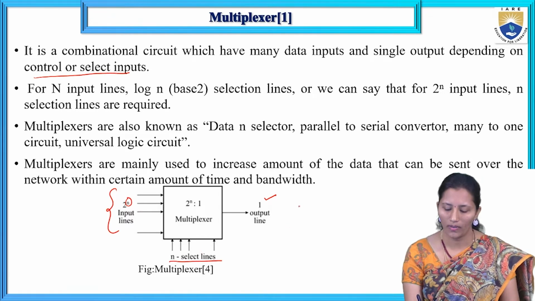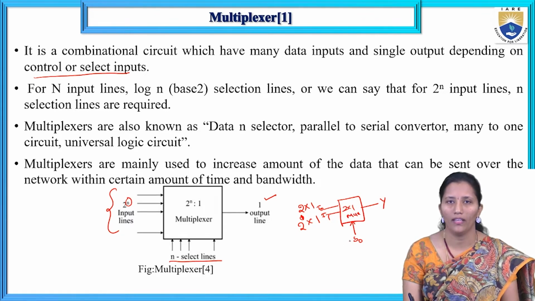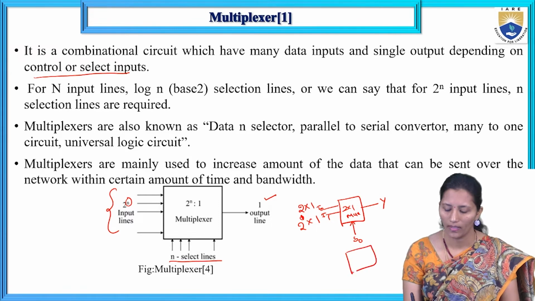Suppose we have a 2 by 1 mux, meaning 2 power 1 into 1. This 2 by 1 multiplexer has 2 inputs, I0 and I1, and n here is 1. So 1 selection line, that may be S0, and 1 output, Y. For example, if we take a 4 by 1 mux, 4 indicates 4 inputs, I0, I1, I2, I3.